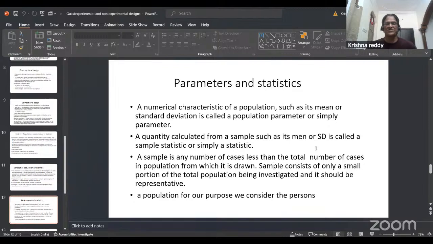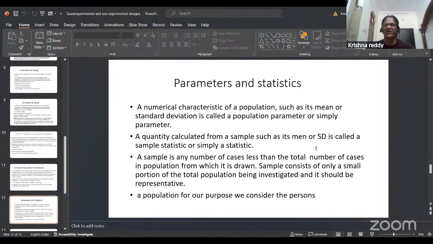Whereas a statistic is a quantity calculated from a sample, such as its mean or SD. So if we calculate the mean of a sample, we call it a statistic. Statistic is that which is considered for sampling. If we calculate the mean or standard deviation of a sample, we call it a statistic.